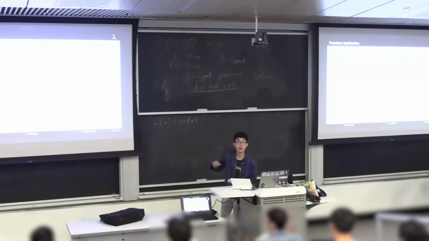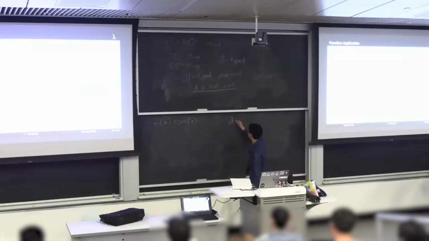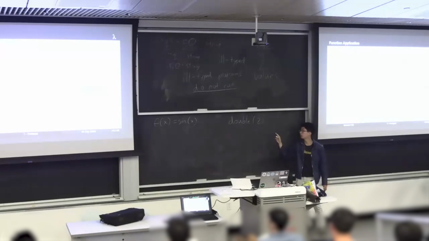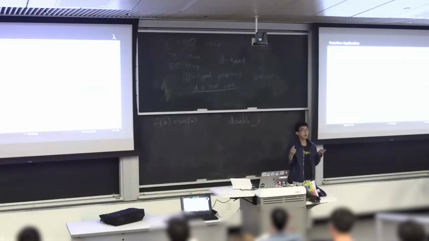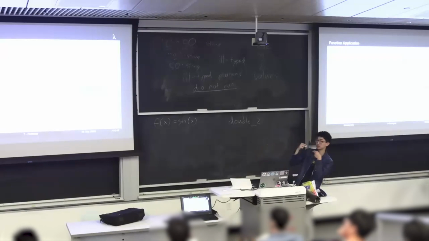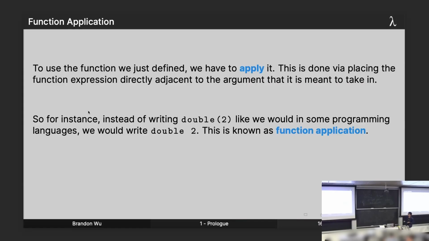We apply functions. That means that we use them. In other programming languages, we might write something like double of 2. In SML, we don't have to write the parentheses. We're going to replace this, and then we're going to put a space here. Function application is by what I'll call juxtaposition. I put the function, space, the argument. Okay, we call that function application, and that's just stepping into the definition of our function.